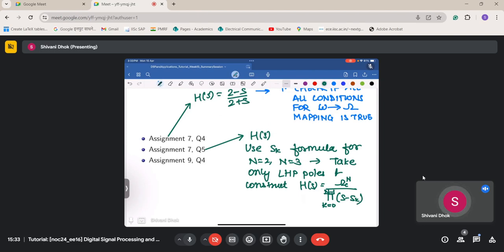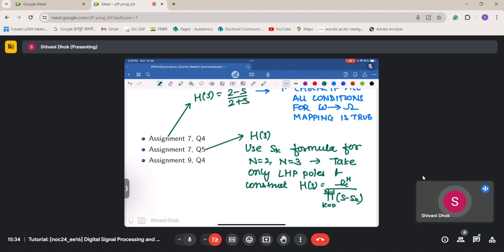When you do that you will be able to find out the expansions of that, and the remaining options were simply the properties of a Butterworth filter.